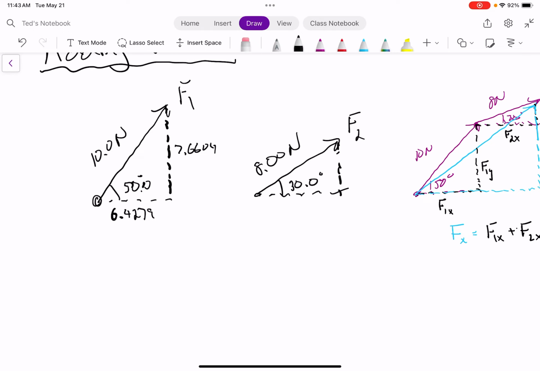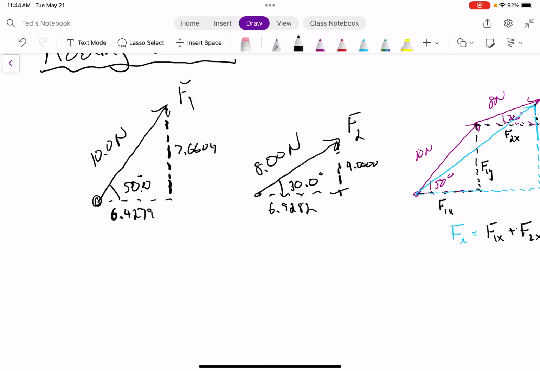For the other triangle, I have 8 times the cosine of 30 degrees to get the base of the triangle, so that's 6.9282. And to get the height of the triangle, that's going to be 8 times the sine of 30 degrees, which gives me 4.